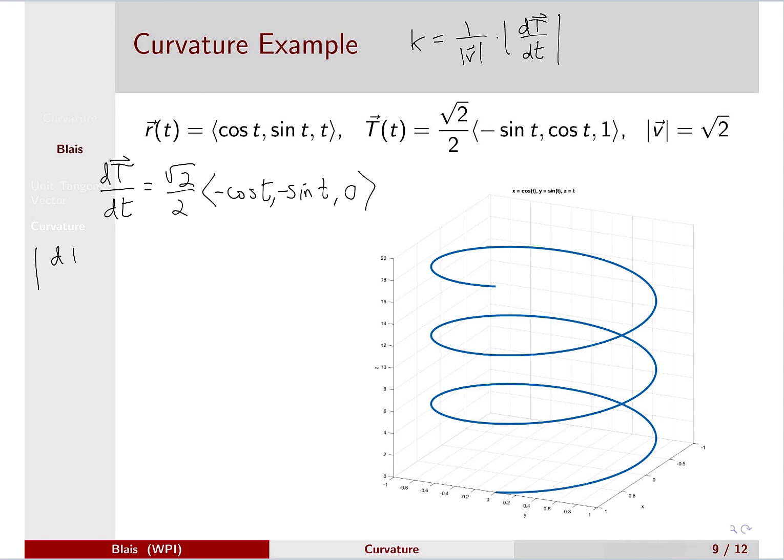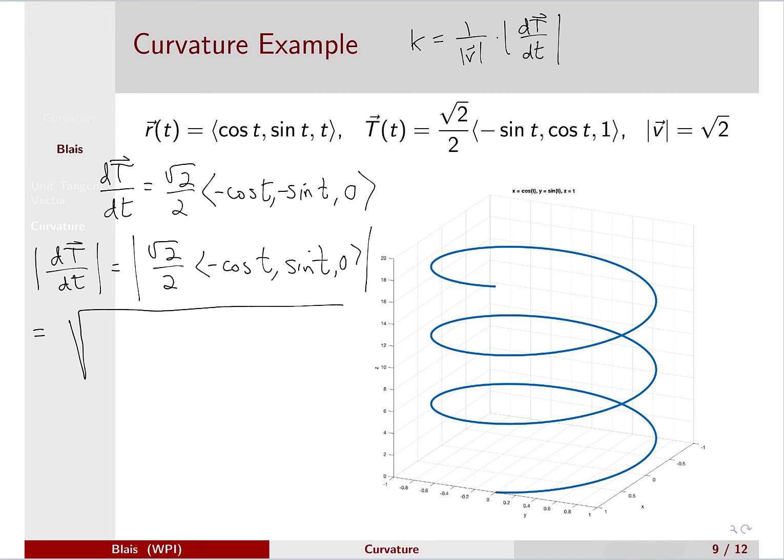So the magnitude of root 2 over 2 times the vector minus cosine of t, minus sine of t, 0 will be, well, we can think of it as the square root of minus cosine of t squared plus minus sine of t squared plus 0 squared.